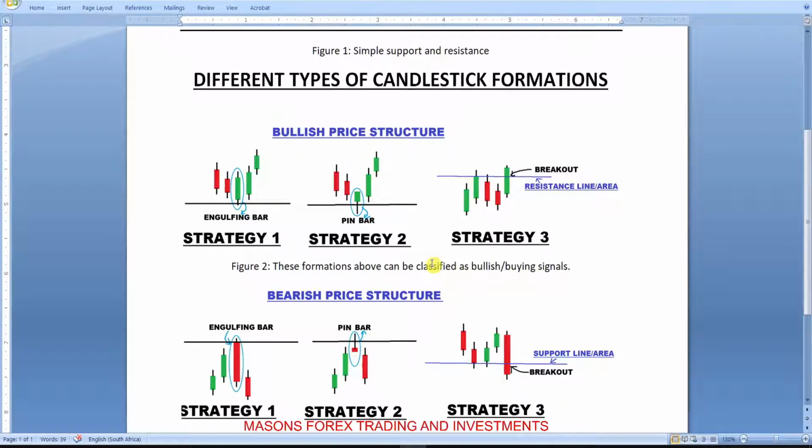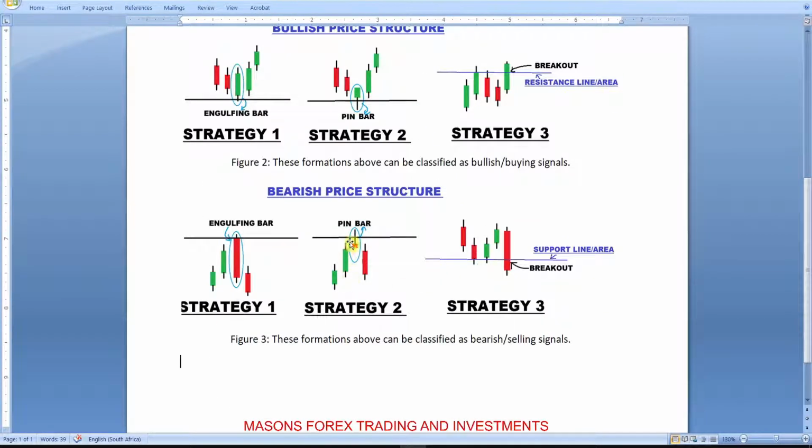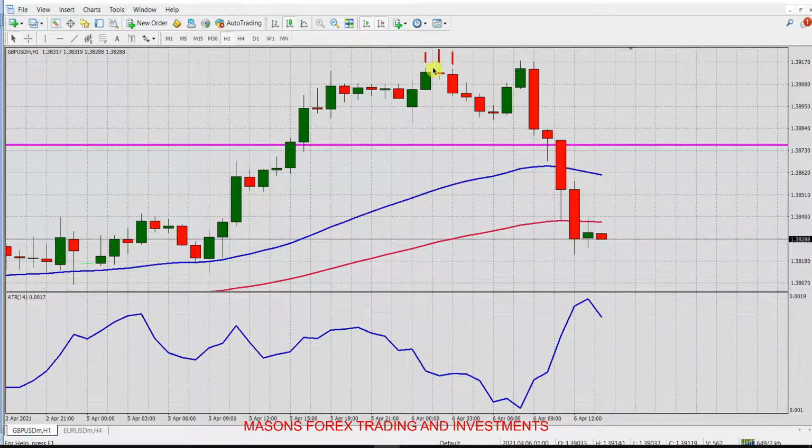If you look at our notes, you can see it's very similar to a pin bar, with one bar on this side and one bar on the side, which closes larger. Very similar to this, almost a type of 3-bar reversal. And then also in this area, I believe we have an entry.